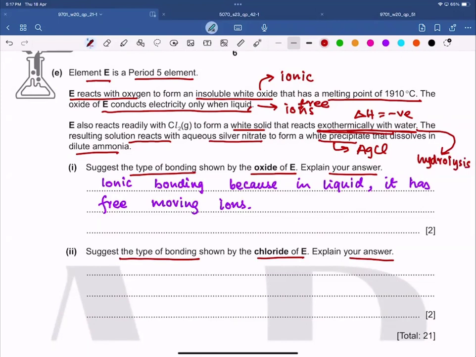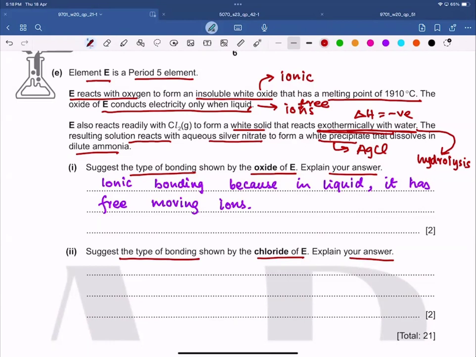Covalent compounds do hydrolysis, so its chloride is covalent. Because if we talk about ionic, do ionic compounds react with water? No, they just dissolve and split into ions. And when the statement is that a compound is reacting with water, the reaction occurs with covalent compounds, because covalent compounds hydrolyze in water.